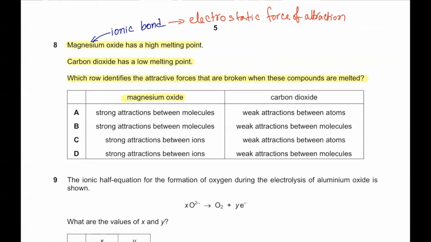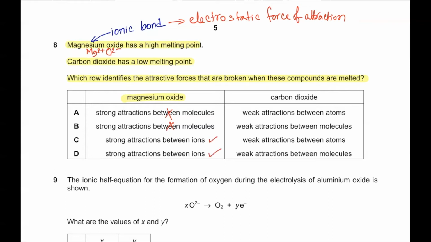The attraction will be between ions because magnesium oxide consists of Mg2+ and O2-. So a strong attraction between molecules will be wrong. It will be a strong attraction between ions.